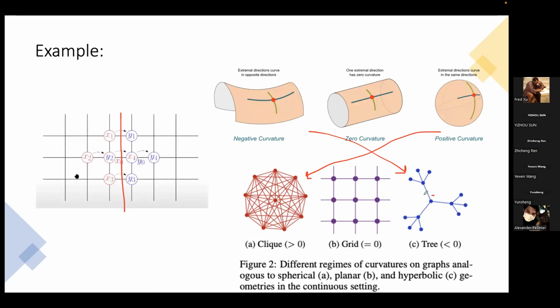If you have a tree, then definitely this one is the bottleneck, because all these nodes have to go over this one node in between to pass messages. So one important observation in their paper is that the bottleneck of a graph comes from negatively curved nodes.